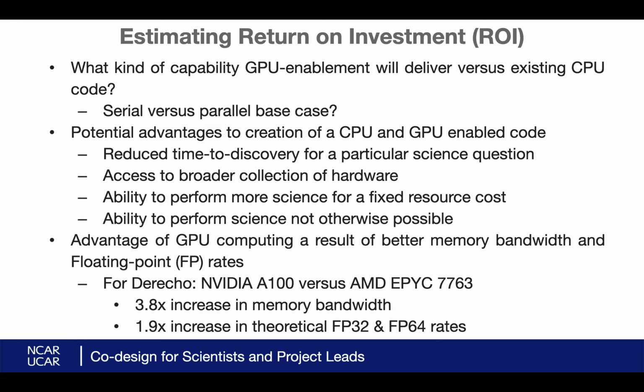From a specs perspective, there's about a 3x increase in memory bandwidth for the A100 and about a 1.9x increase in the theoretical floating point 32-bit or 64-bit rates. The thing to emphasize here is this is not using tensor calculations. This is just the generic floating point rates.